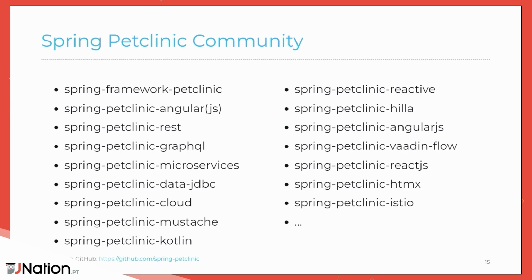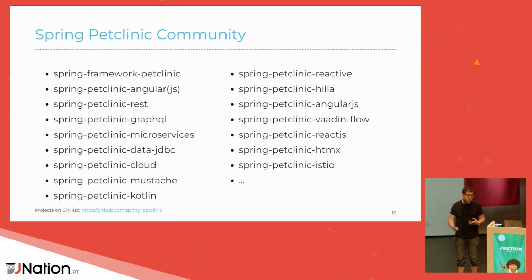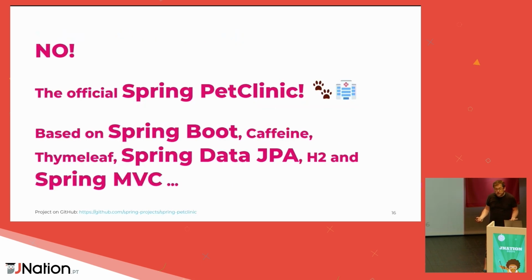And it's not only about front end. There is an Istio version, there is a microservice version. There are so many different versions, as you can see here. So if you want to learn a new technology, maybe it's a good idea to have a look at a specific Pet Clinic. But I'm not going to talk about those Pet Clinics.